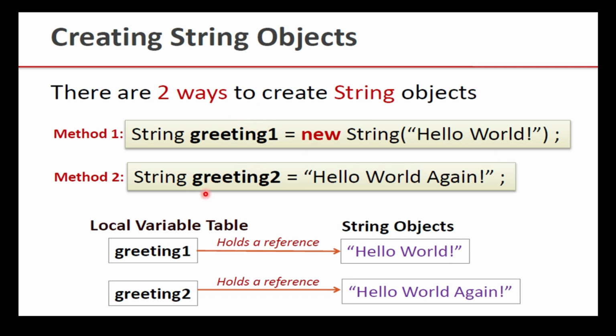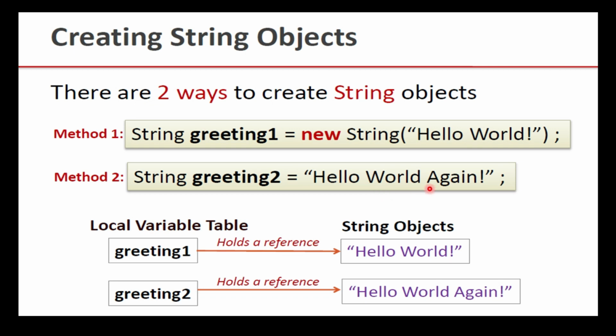Now there is another method, that is direct declaration. String greeting2 = "hello world". See, the type of variable we want to declare is String, then its variable name, equal to the value. Here the value is hello world again.